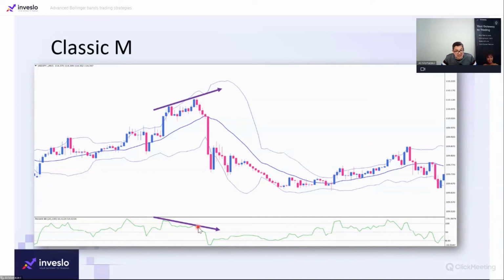But there is a possibility to see maybe a lower low in terms of the price as well. That's why we don't rely just on the divergence. The thing that is important for us is to find a lower top on the oscillator while we see the prices are actually on the rise.